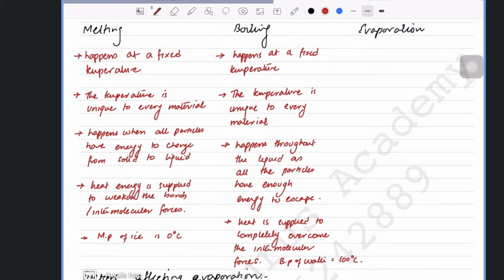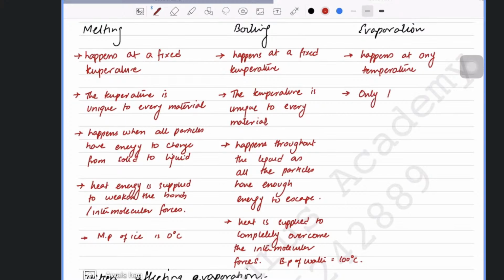Then evaporation. Evaporation basically happens at any temperature.